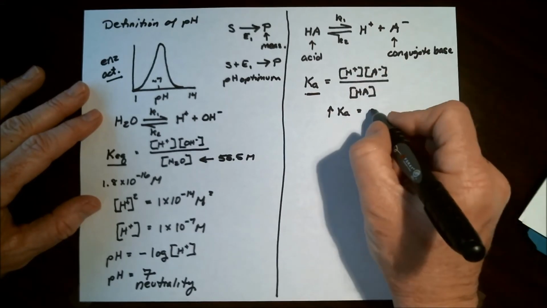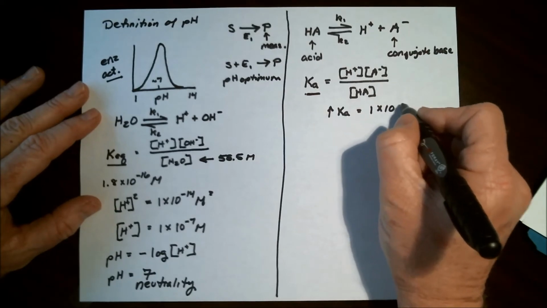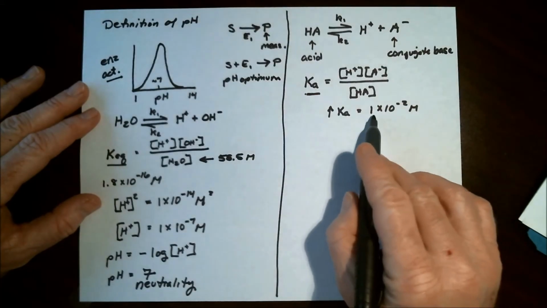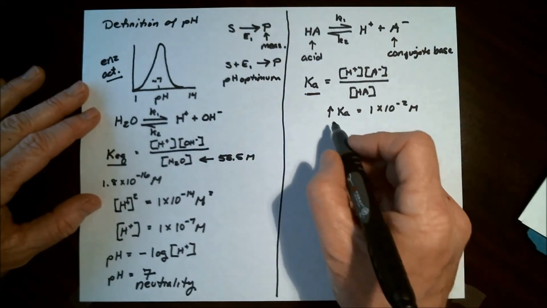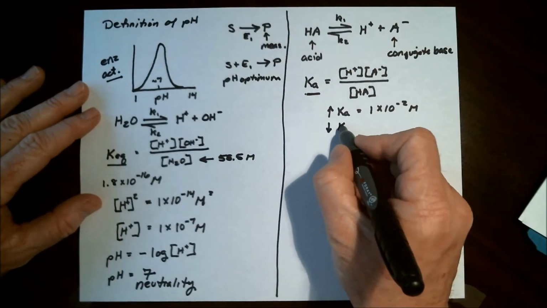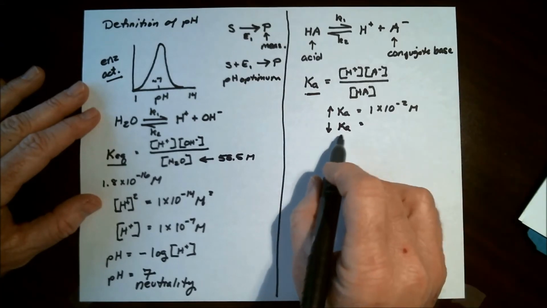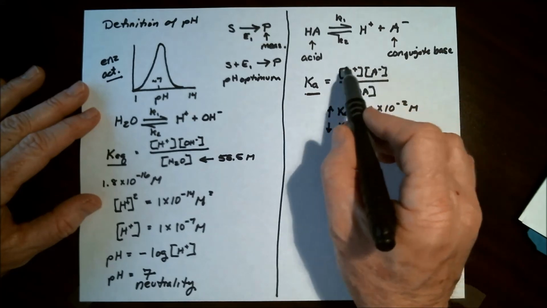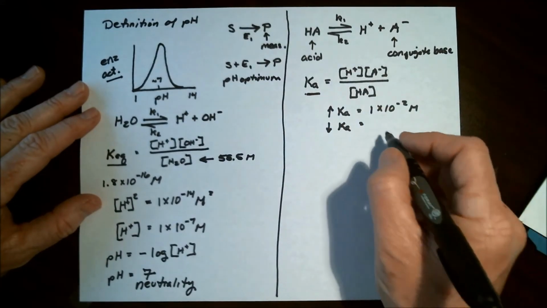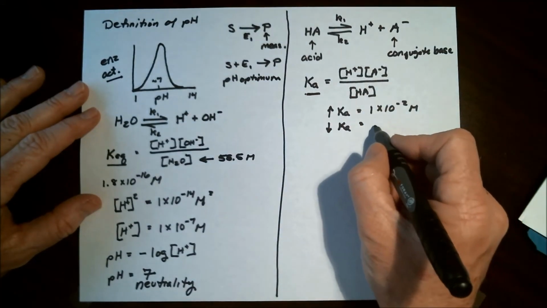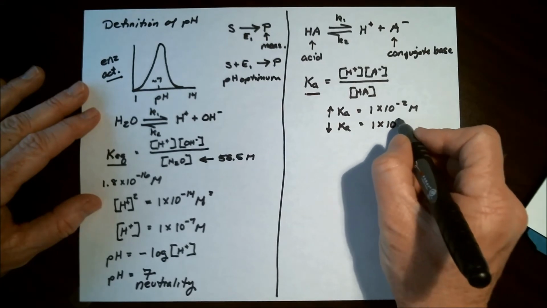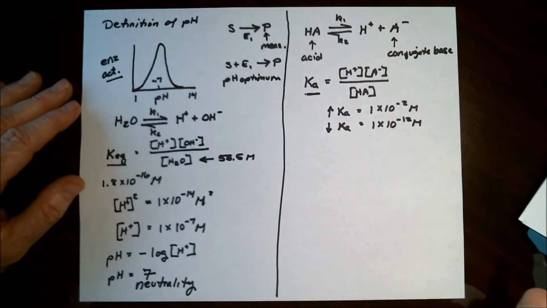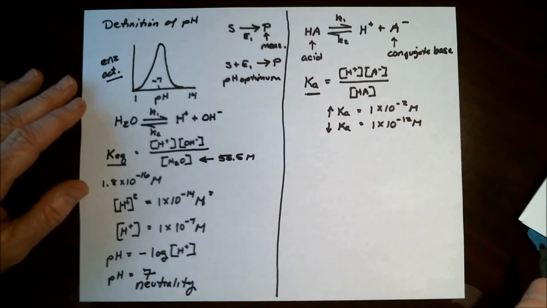So an example of this would be 1 times 10 to the minus second molar. This would be a very strong acid. If we have a weaker acid, we are going to have a reduced acid dissociation constant because we have less product formed because there's less dissociation. This, we could say, would be, for example, 1 times 10 to the minus 12th molar. That would be considered a very weak acid.